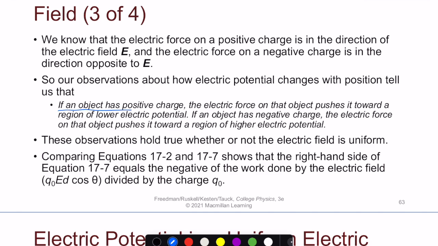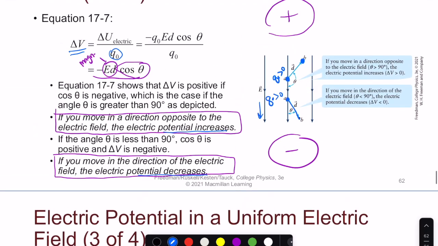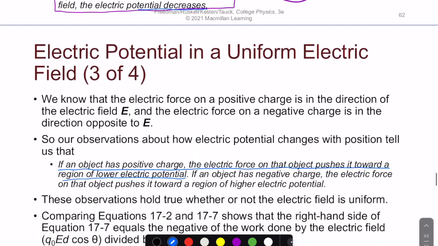For example, if an object has positive charge, well, then the electric force on that object pushes it towards a region of lower electric potential, right? Because a region of lower electric potential is near a negative charge. So if we have a positive charge here and we let it do whatever it wants, it's going to want to go down. It's going to want to go down closer to a negative charge, right? Because it has an attractive force there.